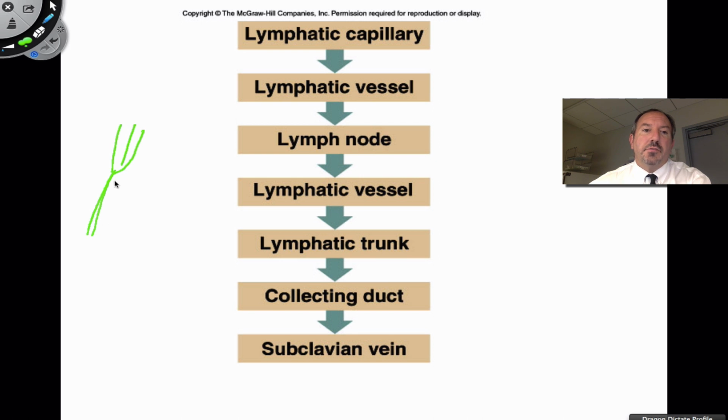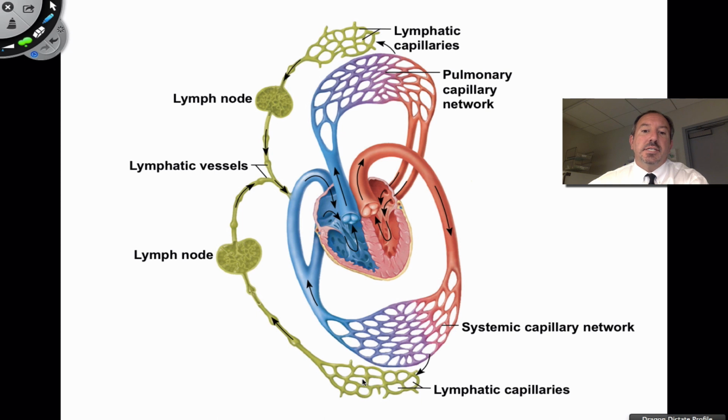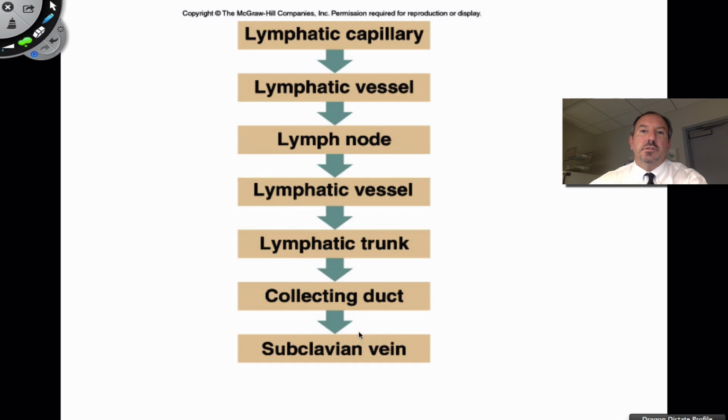So you're going from tiny capillaries to vessels, and then maybe into a node, and then more vessels, and then ultimately you enter something larger still, called the lymphatic trunk, then into a collecting duct, and then into the subclavian vein. Let me go back to this other picture. In reality, you're going from capillaries to vessels, and then ultimately to lymph nodes, to more vessels, and then into a collecting duct right here, which is then entering into the superior vena cava. So that's what this is about.